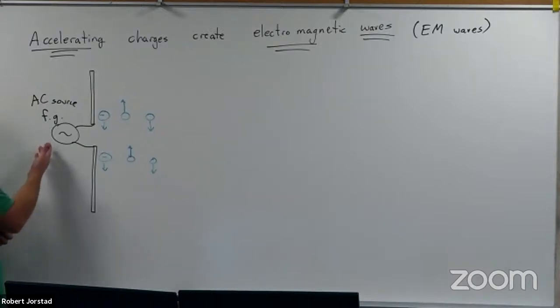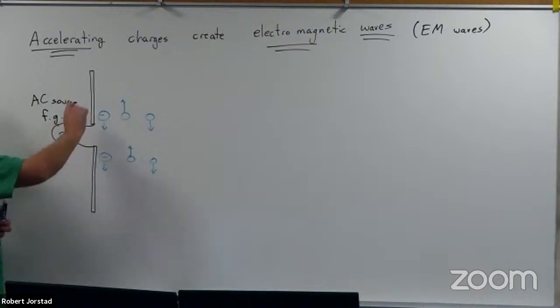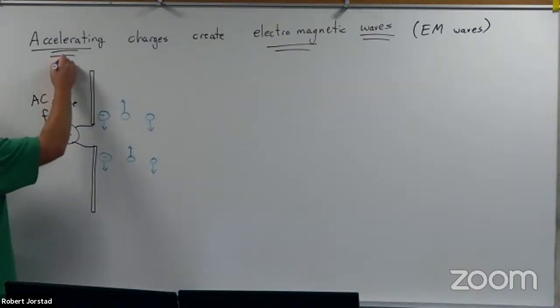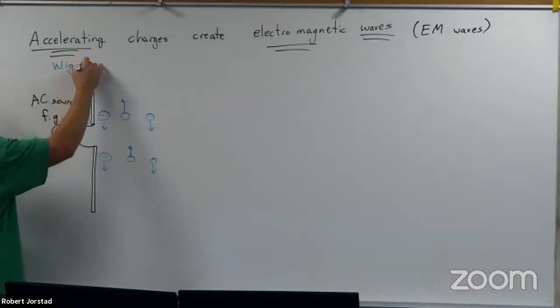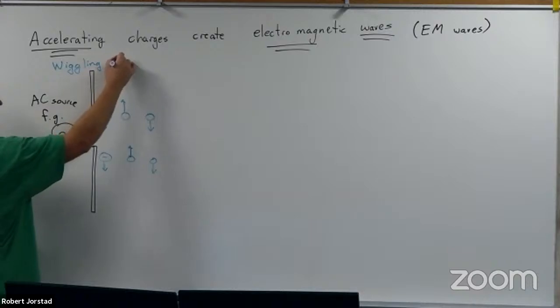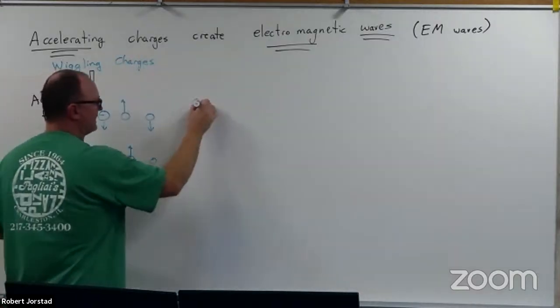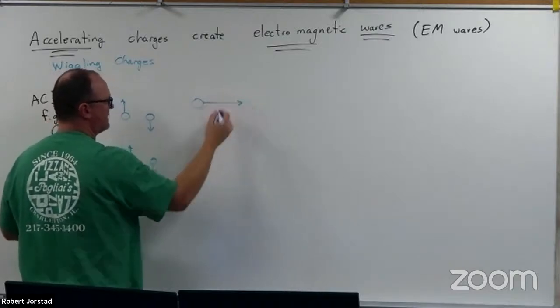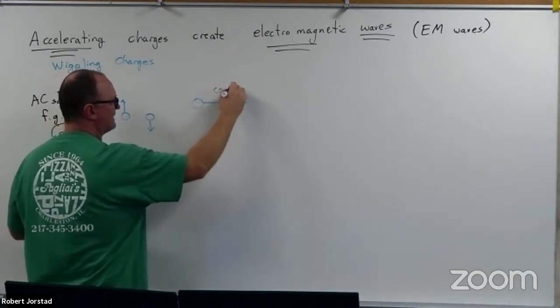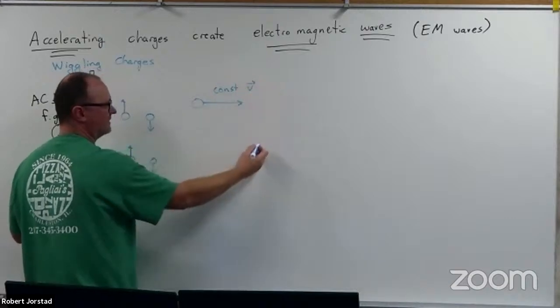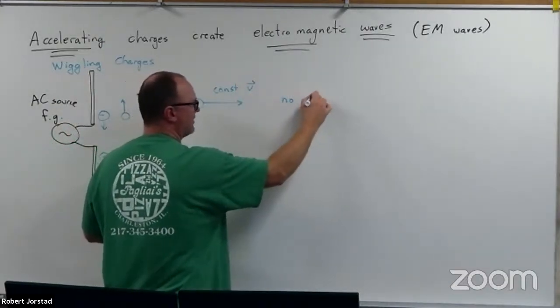You apply an AC source to some charges in some pieces of metal, and as a result, they wiggle back and forth. Another way you could think about this is as wiggling charges. To be clear, if you just take an electron and move it with constant velocity, you would get no EM waves.